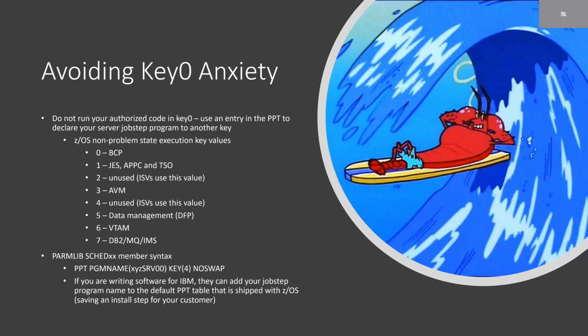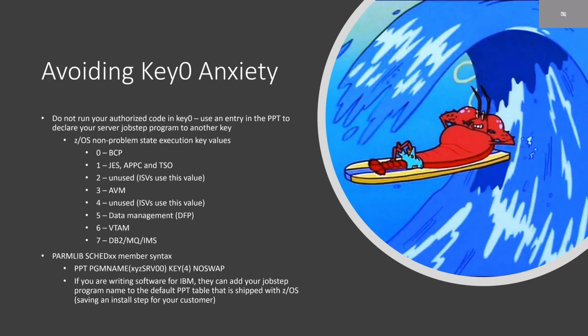And what you'll find is ISVs will use one of those two values. Okay, so I personally use key 4, so SGSF executes in key 4 on the server side. We've got other software products at Rocket, and there's Broadcom products I know of that run key 2 and key 4. Key 5 is data management, DFP. That's all your data set stuff. 6 is VTAM, and 7 for DB2, MQ, and IMS.